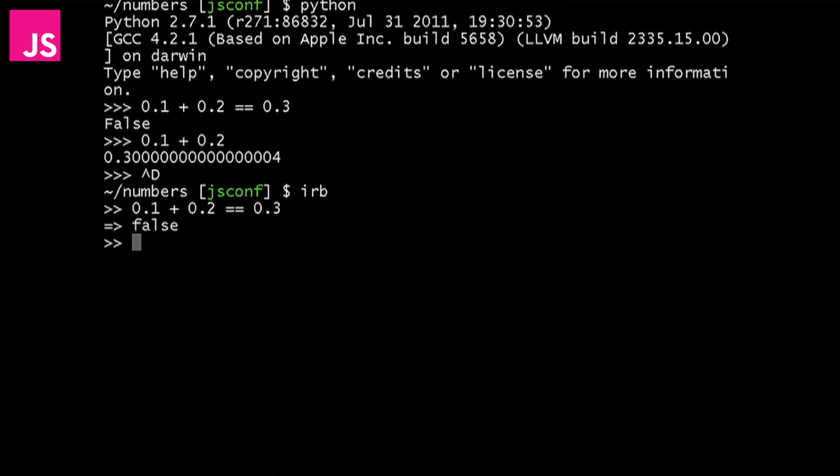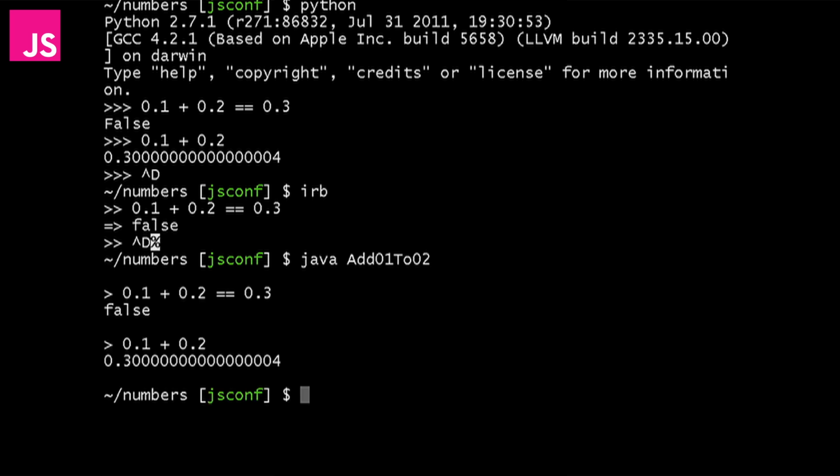Nope. And, of course, Java. Actually, I had to write a class to add these two numbers in Java. But, yeah. Anyway, it turns out that we have these kind of numbers in JavaScript because they were in Java in the first place, right? So I was still asking myself, why does it happen?